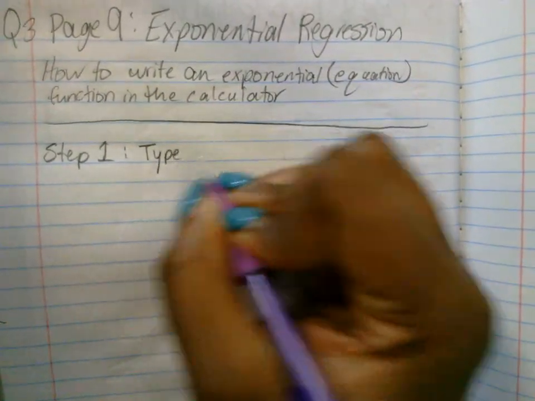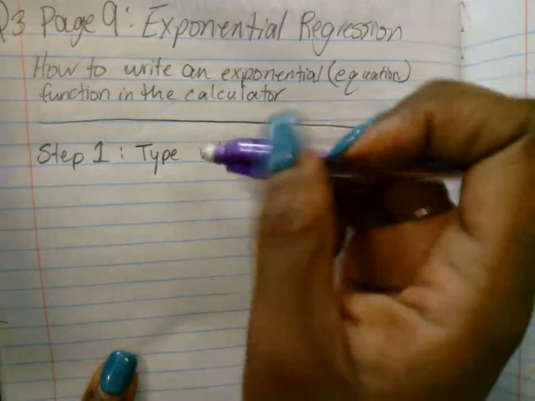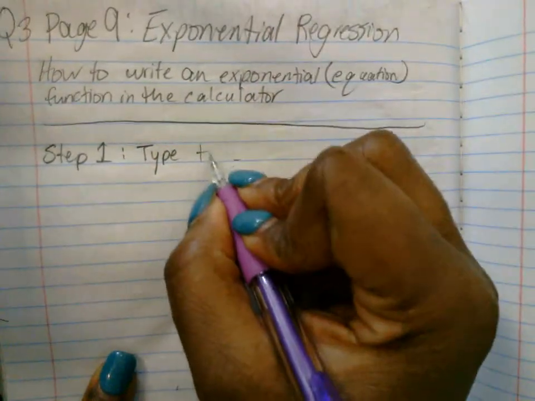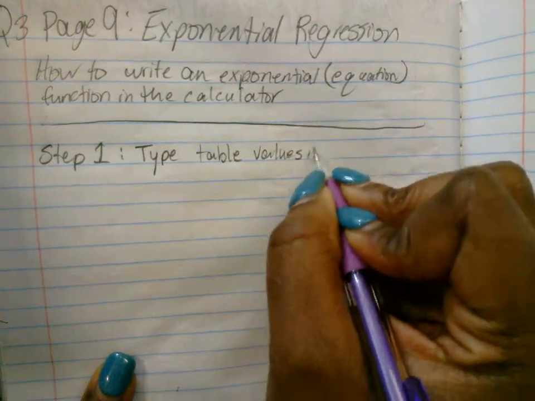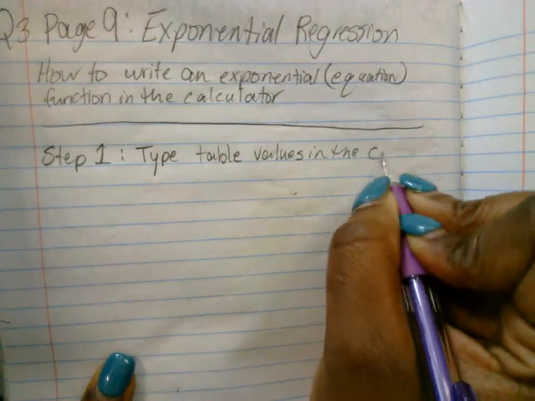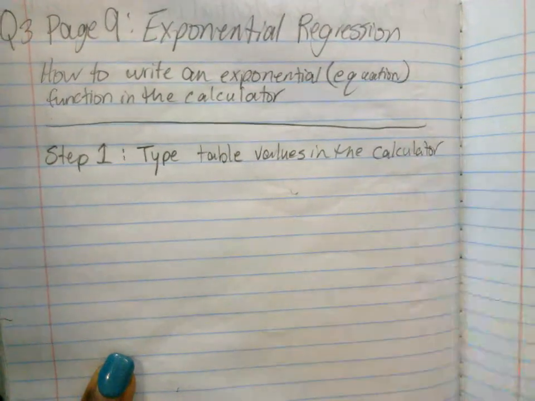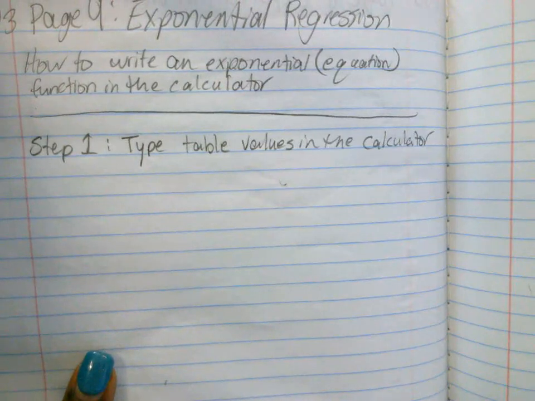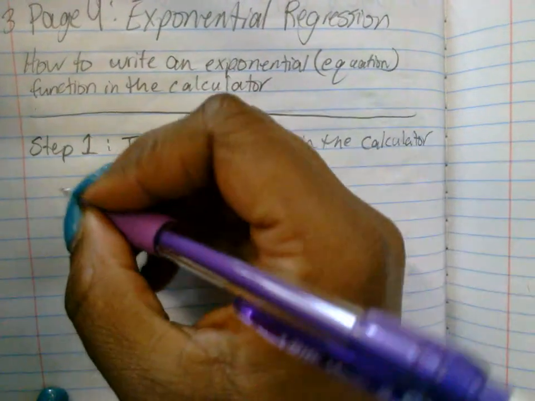Type table values is what I should say, in the calculator. That's the first step. This is the sample table.